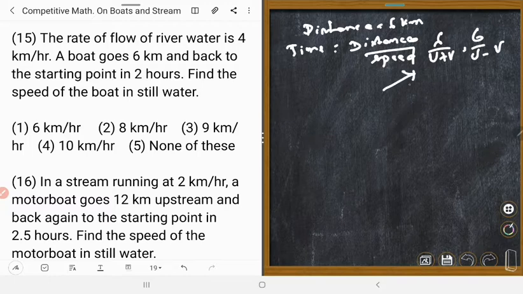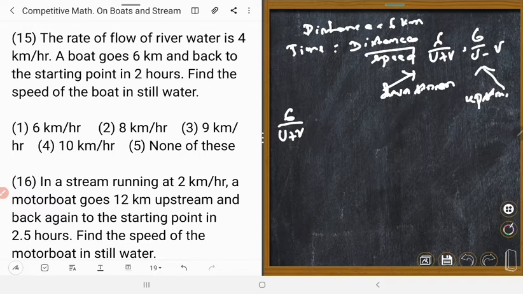This is downstream, this is upstream time. Could you understand? As per the question, 6 upon u plus v plus 6 upon u minus v is equal to 2.